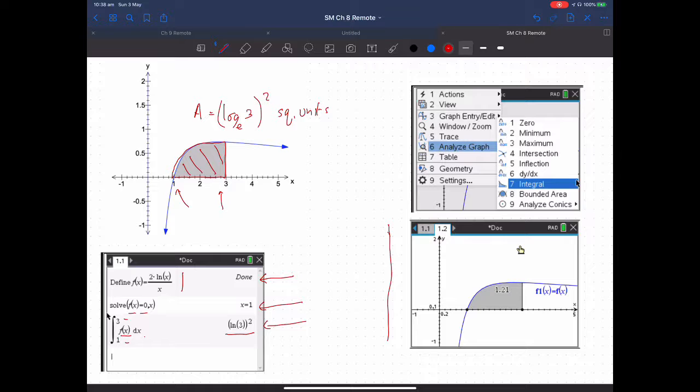Then, using the integral function from the Analyze Graph menu, I have typed in the lower bound as 0, then the upper bound as 3, and pressed enter. And it has given me a decimal approximation. Notice it is approximately 1.21, which is what we had to 2 decimal places when I wrote down the decimal approximation on the page before. And that was the reason why I did it, so you can see that the answers are the same.